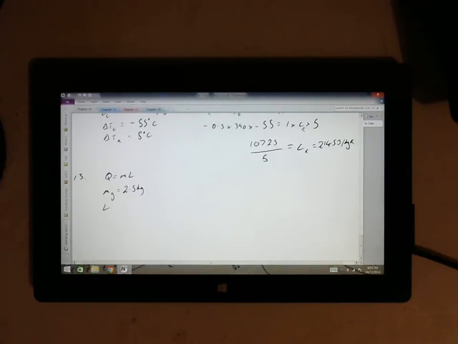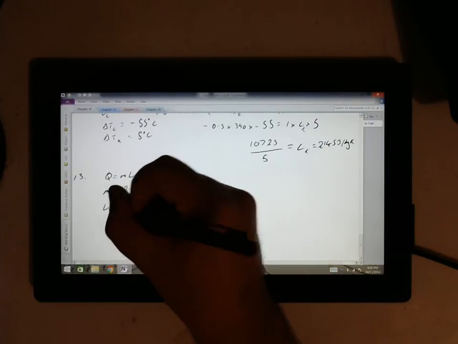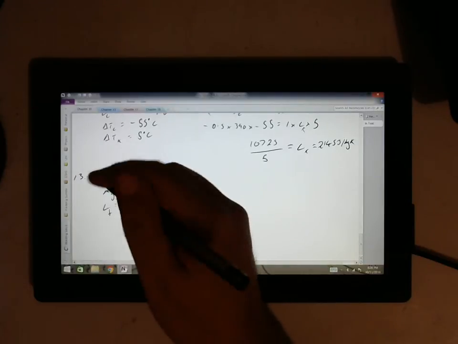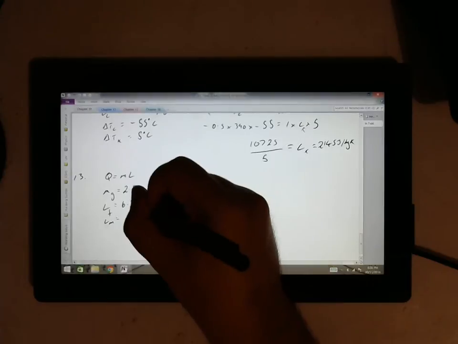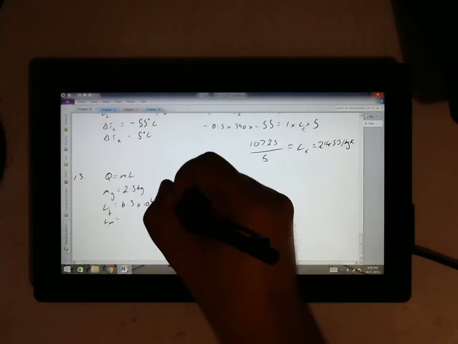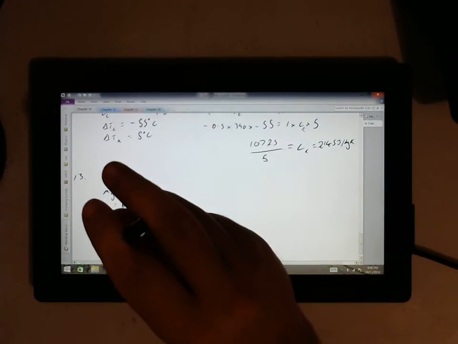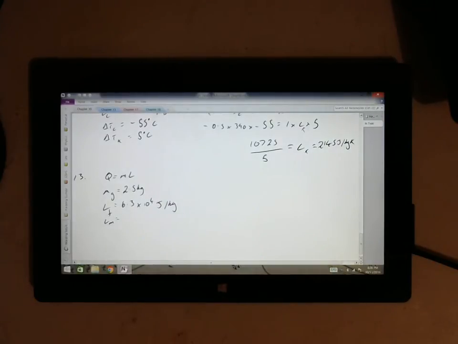And we're told for this one, the latent heat of fusion for gold is 6.3. Put F for fusion, or you could put LF or you could put LM for melting. Either would be fine. 6.3 times 10 to the 4 comes from the textbook, and that's joules per kilogram. And the kilograms will cancel, we'll be left with joules.